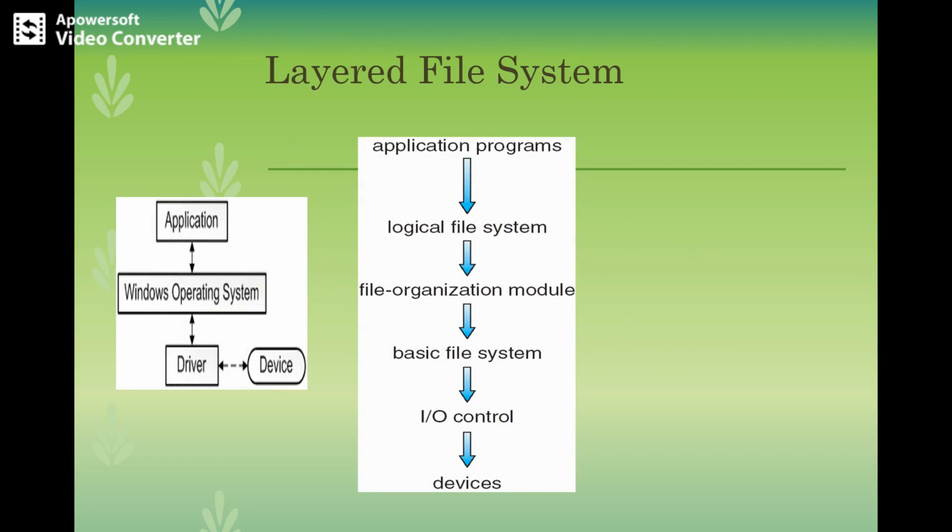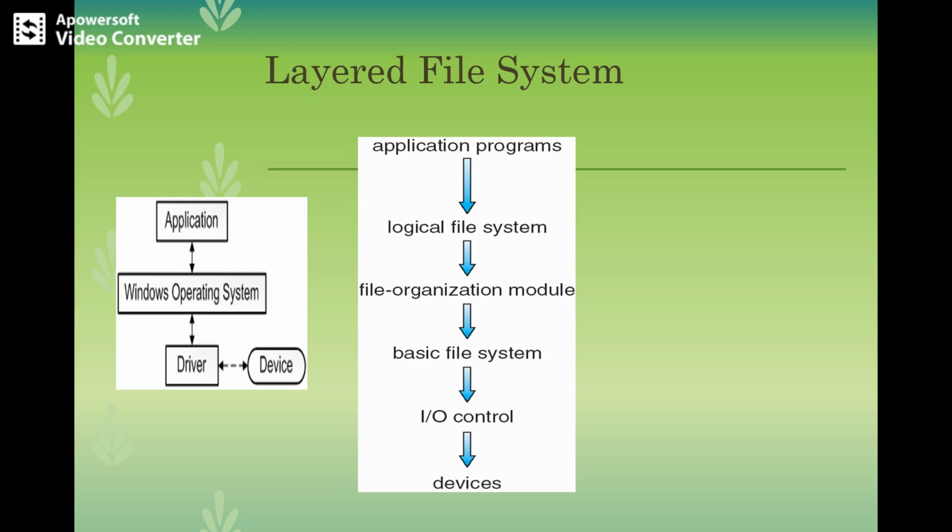So this is a particular representation of the file system. First, we have got the application programs layer, also called the application program layer. Then we have got the logical file system.